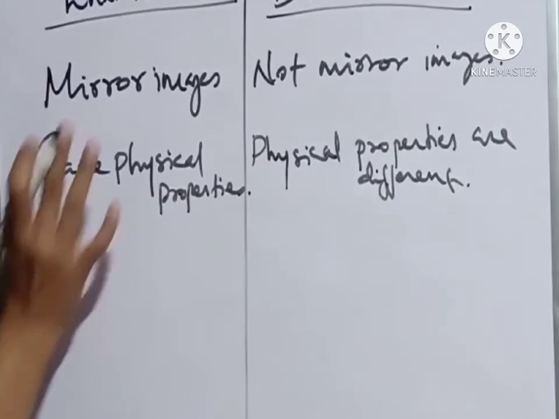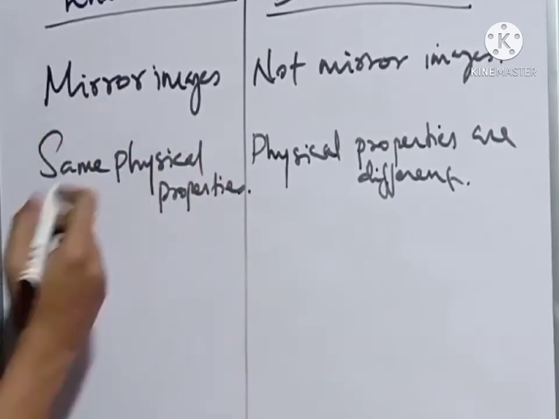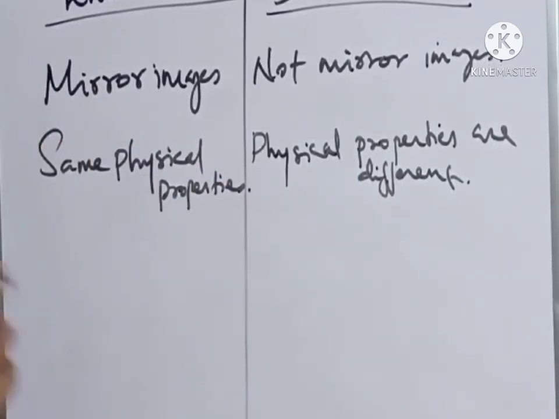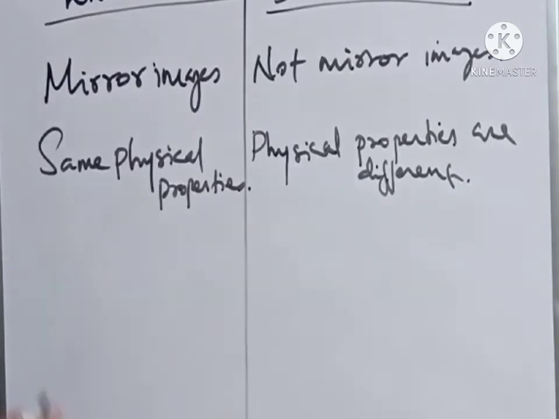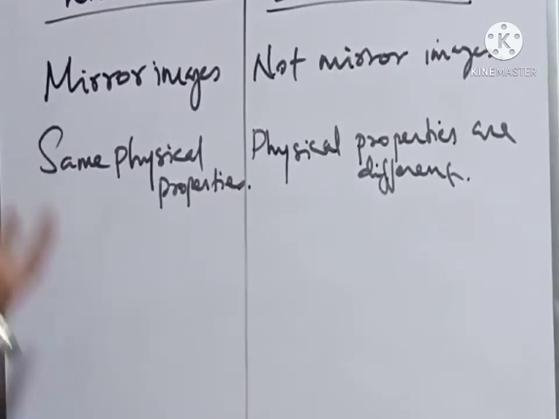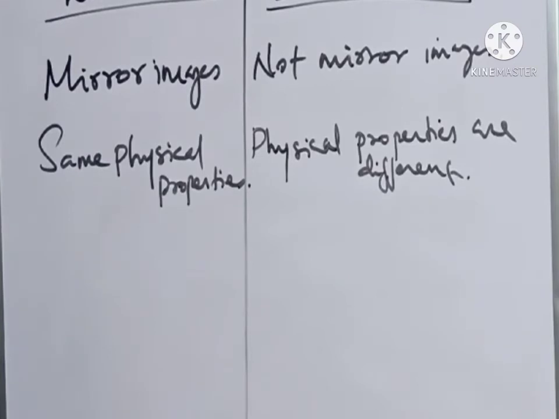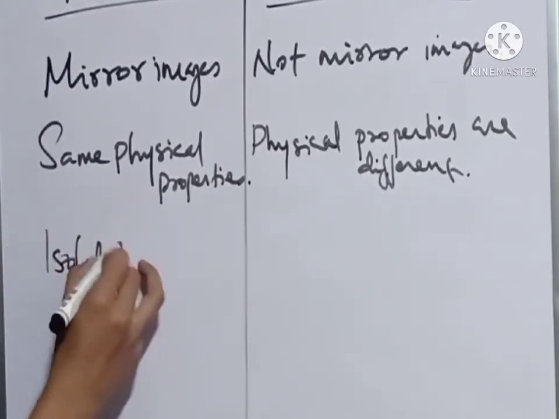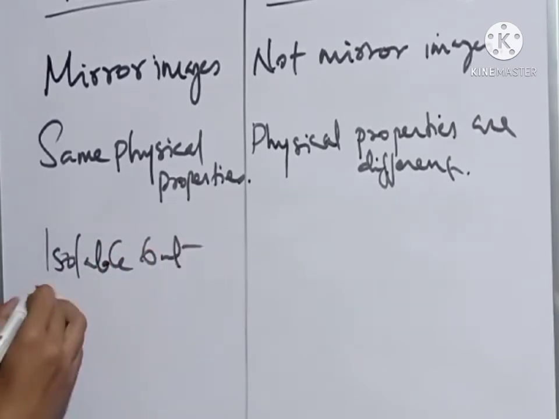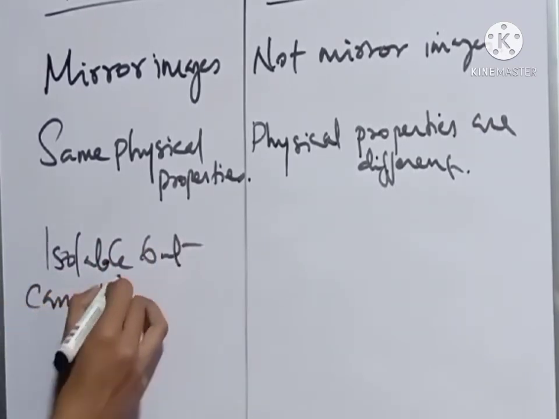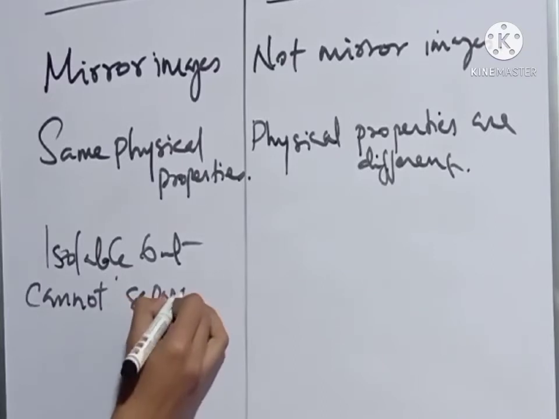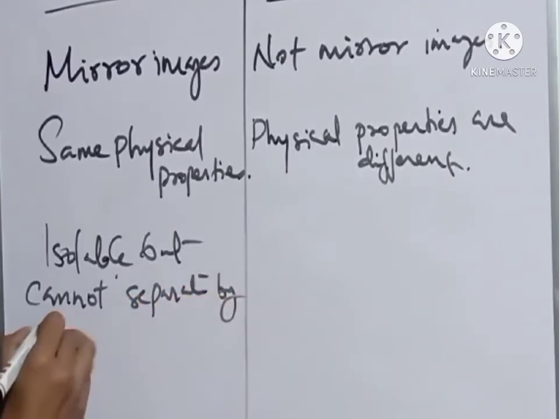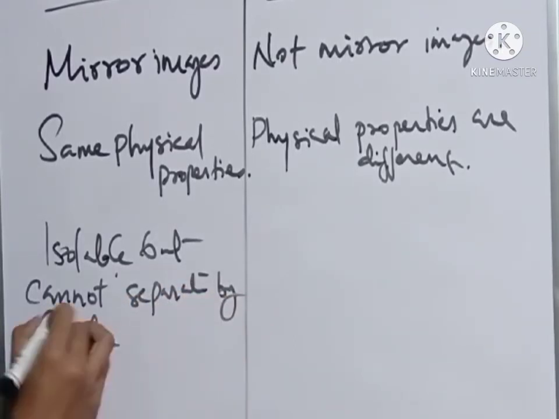So since the physical properties are the same, they cannot be separated by simple physical methods like fractional crystallization, fractional distillation, etc. But they are isolable, but cannot be separated by simple methods.